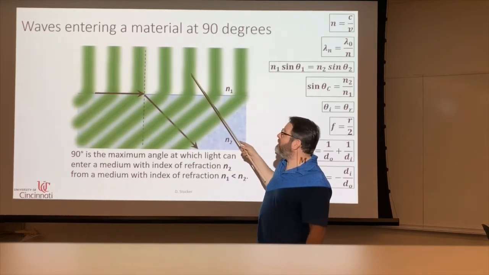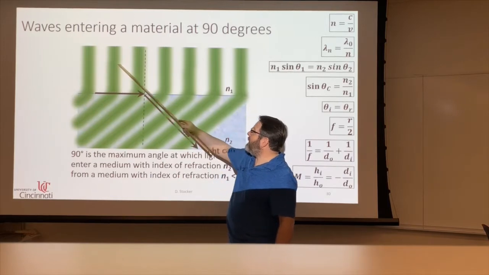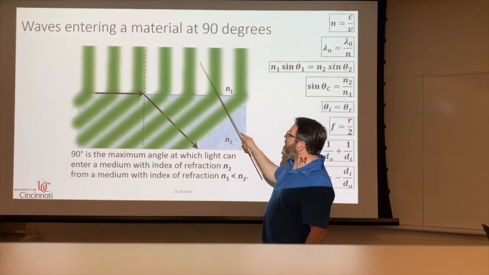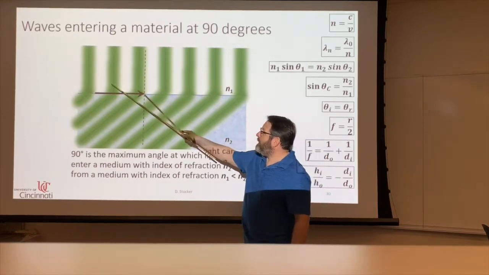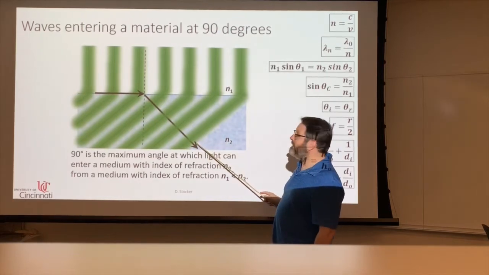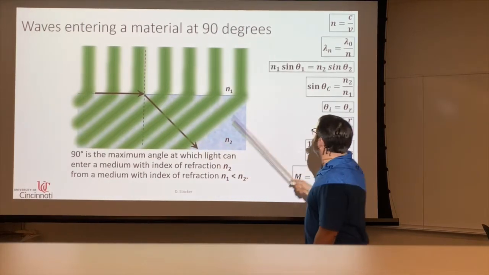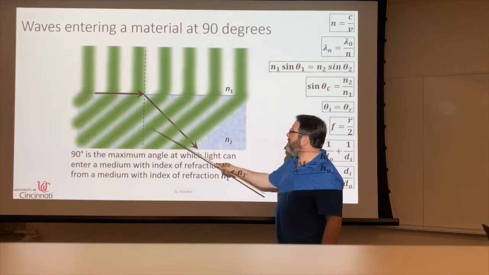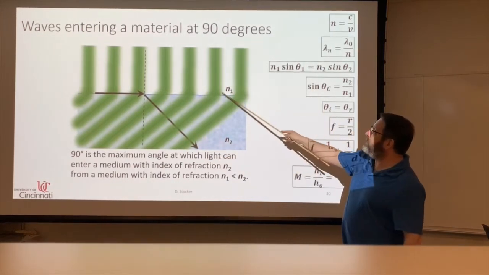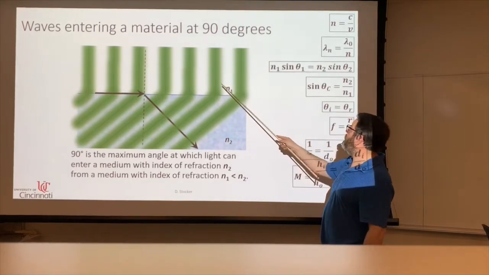Now let's look at what happens if the angle that it's hitting the interface is right at 90 degrees. So if it comes right at 90 degrees, again, we try and line up these things, and since these distances are different than those, the only way you can line these up is at whatever this angle is. When you work out this angle right here, it comes out to this, because the sine of 90 degrees up here is 1.